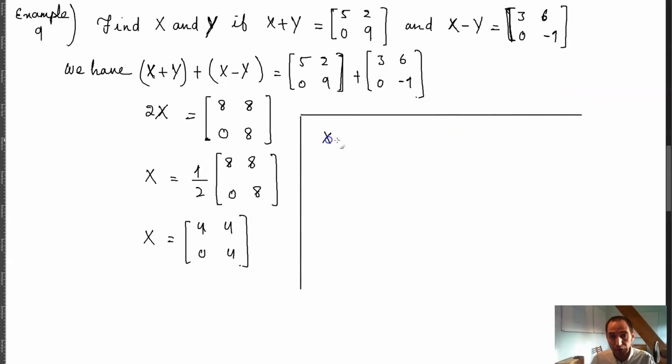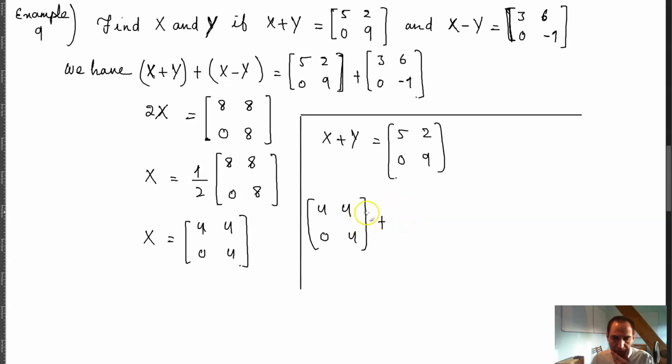Now I can pick any of these equations, and for example write x plus y is equal to 5, 2, 0, 9, and now I know what my x is, 4, 4, 0, 4, and I know that y has to be some matrix of the same order.